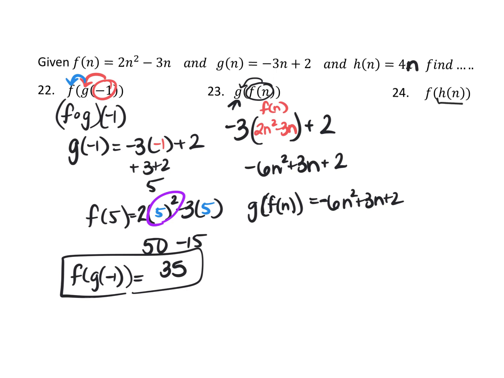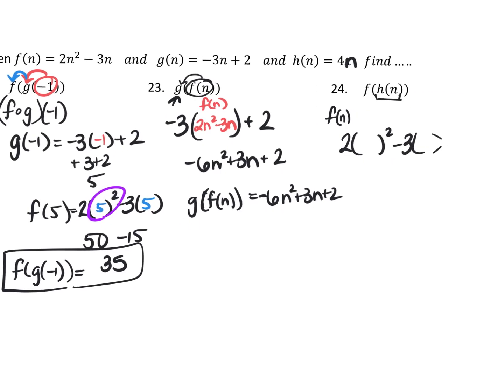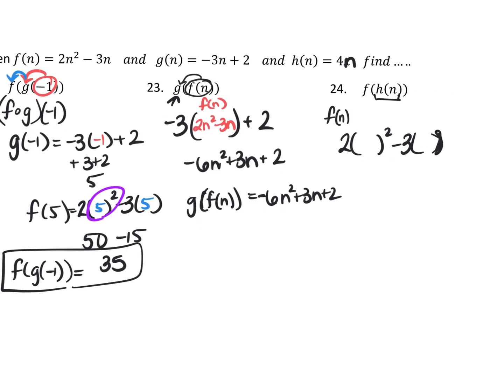And then we have f of h of n. So that means I'm going to take f of n, which is 2n squared minus 3n. So I like to take that first function, put big empty parentheses, and then I'm going to put 4n in for them.